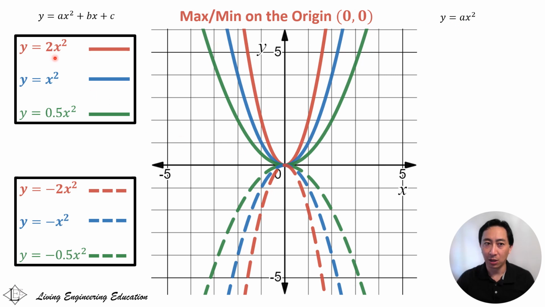When you're looking at your a terms, you are either tighter in if the value is larger than 1, or more open, like the 1/2, the green graph showing you here. So when given a graph, you can ask whether you are larger or smaller than 1, or if you're given an equation, whether you're going to be wider or skinnier than the y equals plus or minus x squared curve.